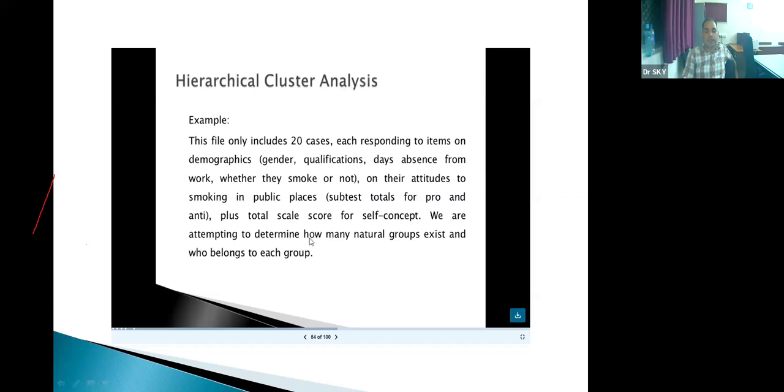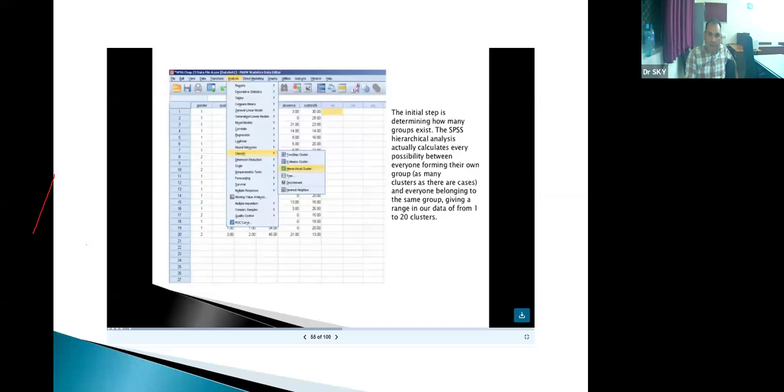We are attempting to determine how many natural groups exist and who belongs to which group, on the basis of their attitude towards smoking in public places. So here, how do we do this cluster analysis in SPSS? We go to Analyze, then Classify, and then Hierarchical Cluster Analysis. The initial step is determining how many groups exist.